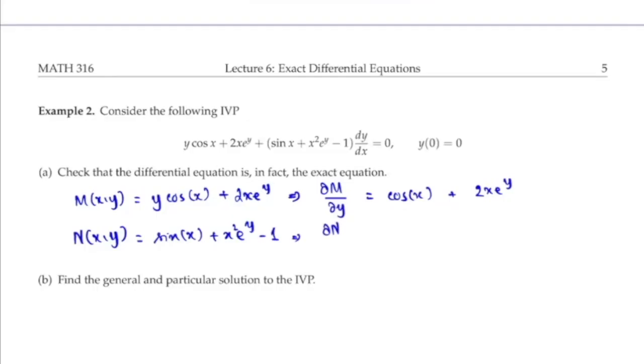Similarly, you do partial N partial x, and you get the partial derivative of sine of x with respect to x, which gives you cosine of x. The partial derivative of x squared is 2x, so plus 2x times e to the y. The partial derivative of -1 is just 0. So partial M partial y equals partial N partial x. So this implies that the differential equation is exact.